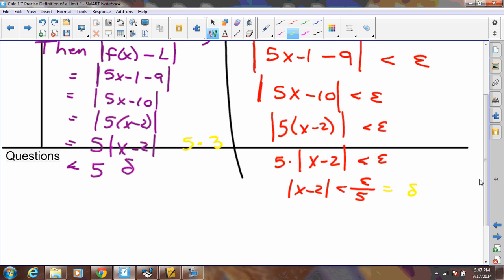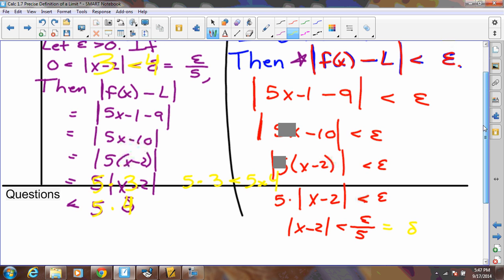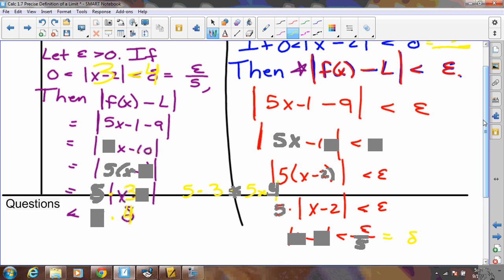Because 3 is smaller than 4, if I replace a 3 with a number that's bigger than it, like 4, shouldn't 5 times 3 be smaller than 5 times 4? That's what we're doing. When you substitute a number that is greater for a smaller number, you change it from an equality into a less than inequality.